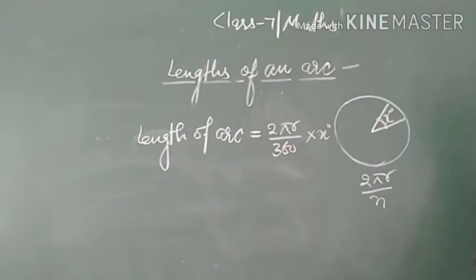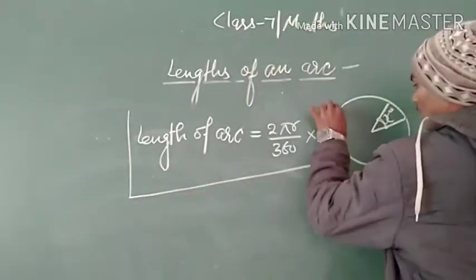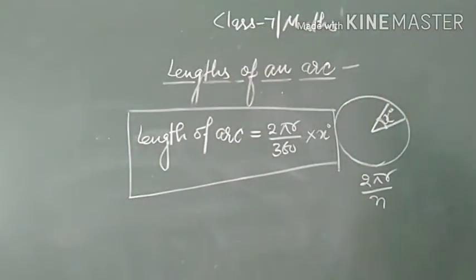Okay, so here we shall use this formula in order to get the length of an arc. What is the meaning of x degrees here?